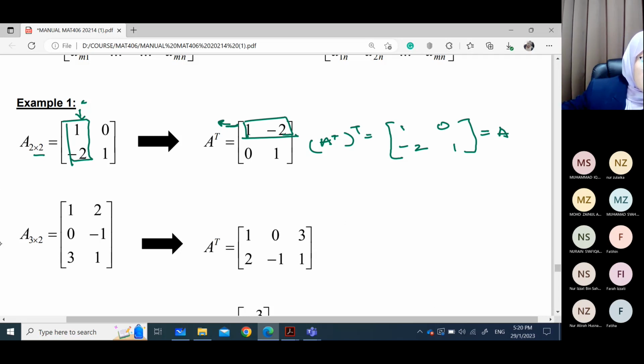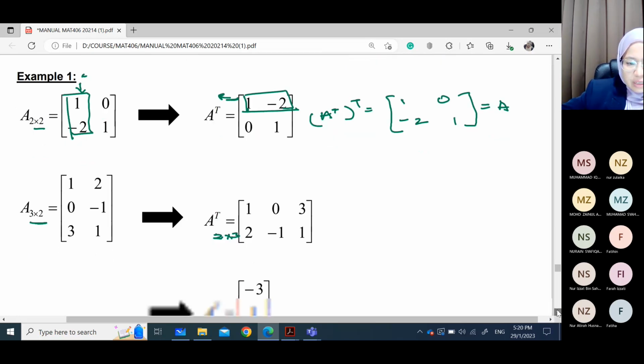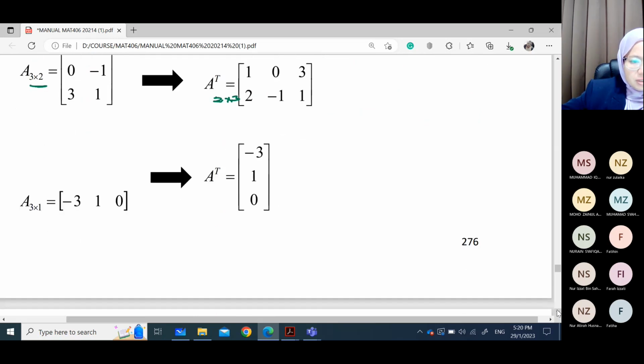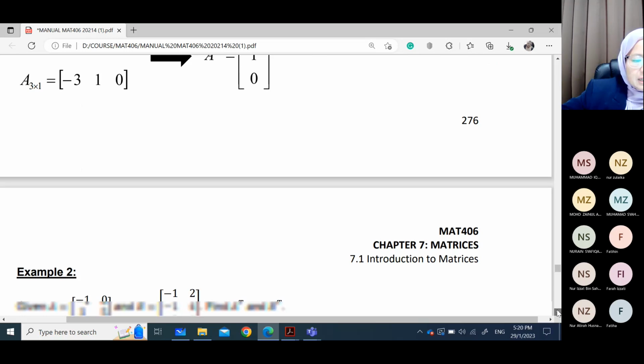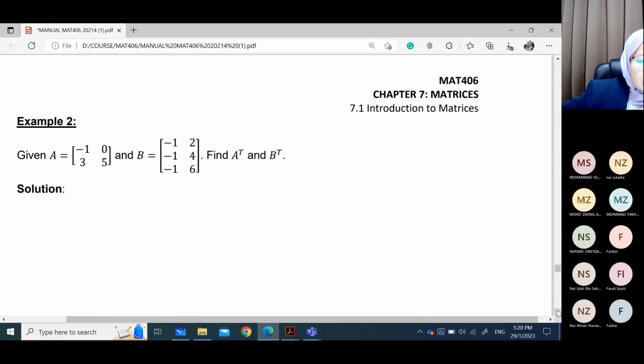Begitu juga yang ni lah. So daripada 3 by 2 matrix, 3 by 2 size, dia jadi this one 2 by 3. 2 is a row and followed by column. Transpose tu kita tukar je. Faham? Okay. Alright. So now find A transpose.